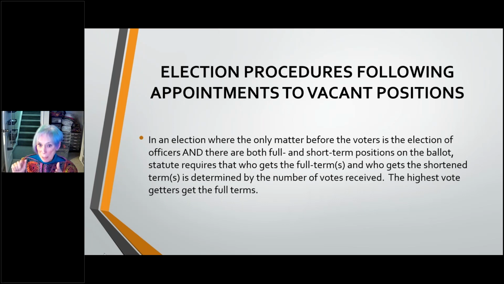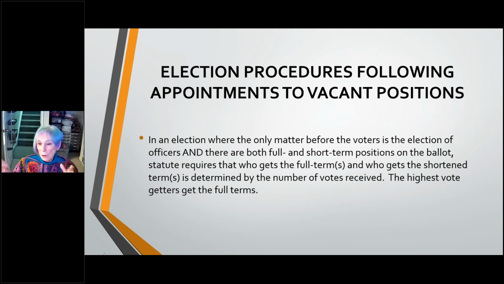They would have to run again in 2024 and then again in 2026 when the term actually ended. However, if the original vacancy was in a position that was originally voted on in 2020, then it would be up in 2024 and it would be a full term.